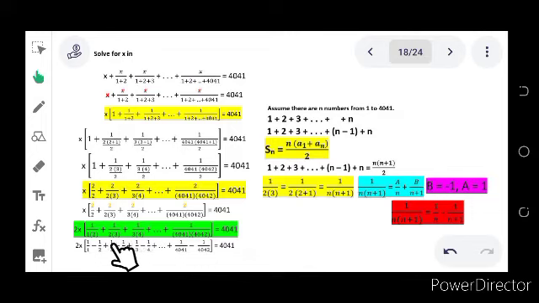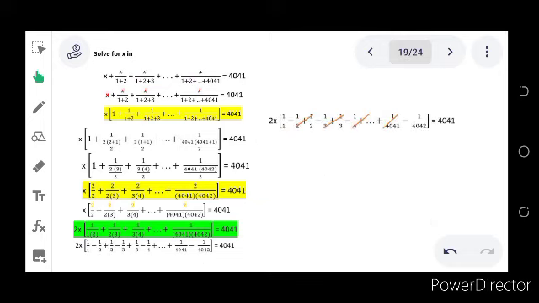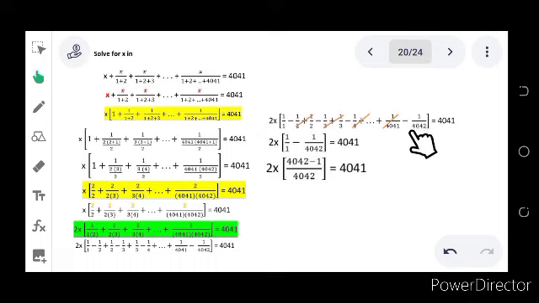Then notice that in the expression inside the bracket, there is a telescoping sum wherein all the terms in between the first and the last term cancel out. As you can see the pattern. So after all of the terms between the first and the last term cancel out, what is left is 1 over 1 and 1 over 4042. Then we simplify that.